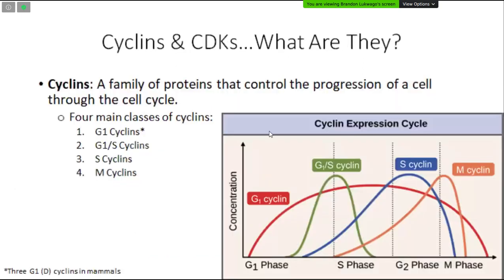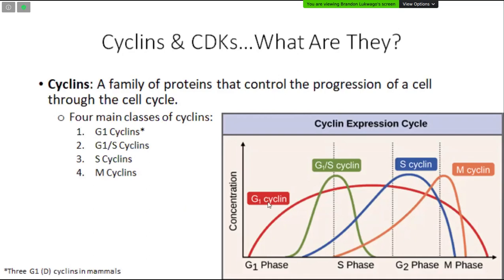They control the cell cycle through cyclins and CDKs. Cyclins are a group of proteins that control the progression of a cell through the cell cycle. There are four main classes of cyclins: G1 cyclins, G1S cyclins, S cyclins, and M cyclins. These are each named based on the phase of the cell cycle in which they bind CDKs and are most active.